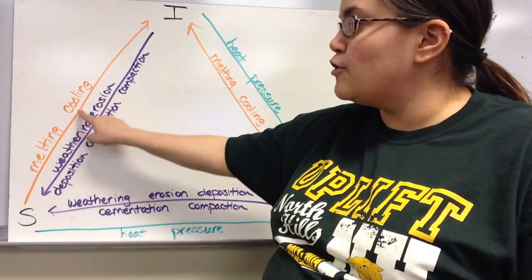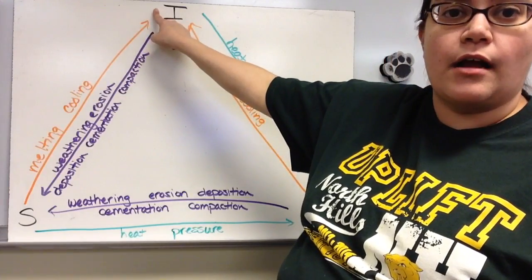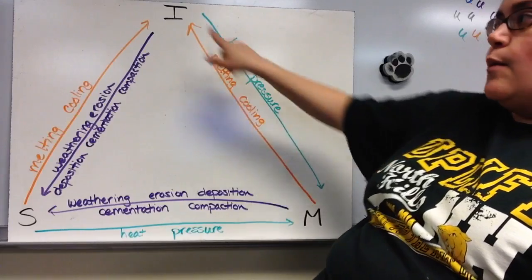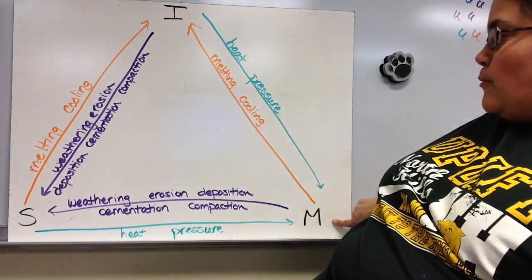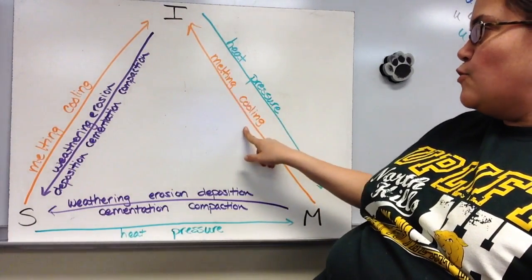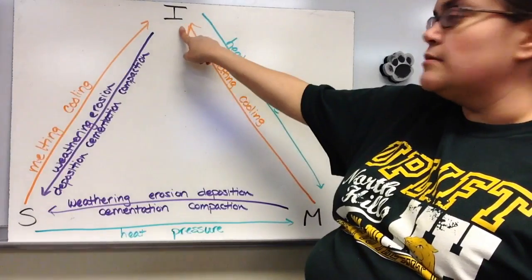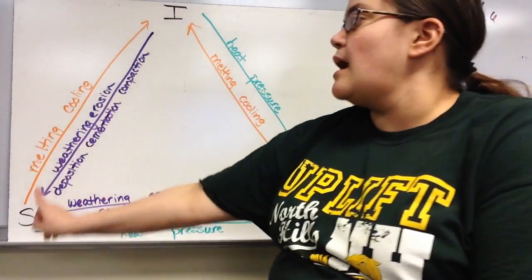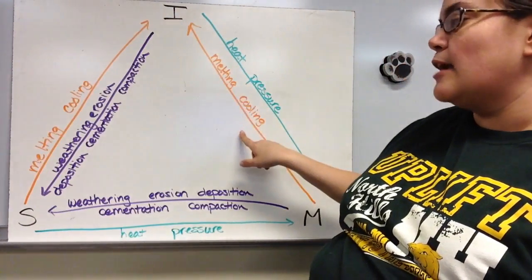So melting and cooling becomes an igneous rock. If we have a metamorphic rock over here on the side and we want to become igneous, the metamorphic rock also has to melt and cool. You see this arrow is going towards the igneous rock. So if you are becoming an igneous rock, you need to melt and cool.